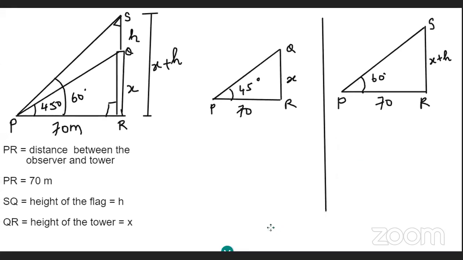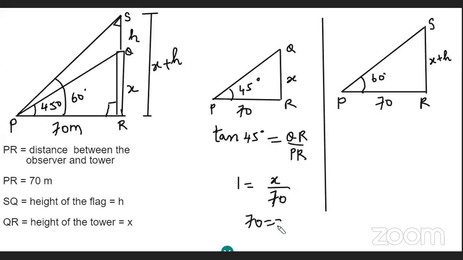So first I'm going to solve the left-hand triangle, which is 45. So tan 45 is QR upon PR. Tan 45 is 1, QR is x, PR is 70. So am I getting my x as 70 here? Yes, ma'am. Okay, next let's go to the next triangle.